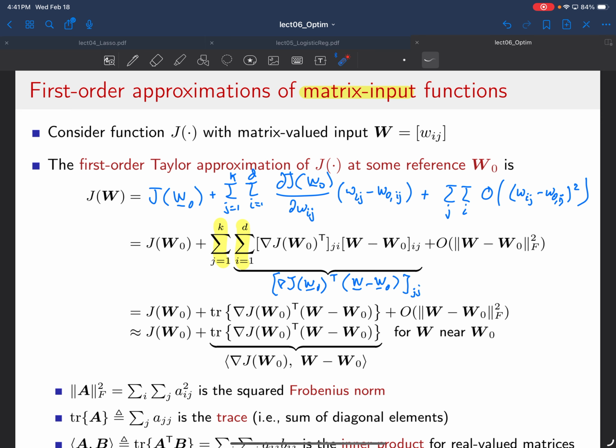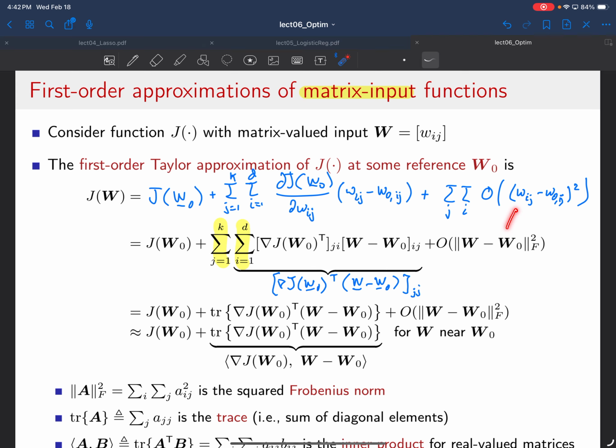We also have this. So we can move this double sum onto the inside, at which point we're taking the sum over all entries of a matrix of the squared quantities. And if you remember, that is what the Frobenius norm does. The squared Frobenius norm is just the sum of the squared entries.